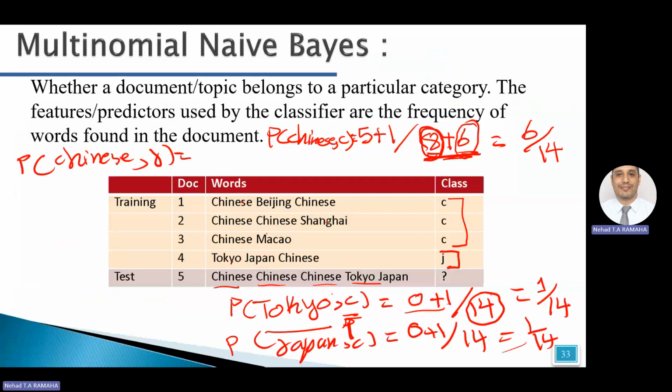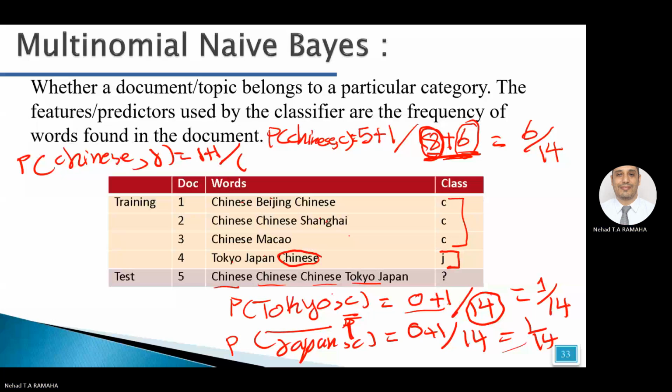How many times do we have Chinese here in category J? 2, plus 1, divided by how many words in the category? 1, 2, 3. Plus this one, which will be the same for all the categories. Why? Because it's the different words in the whole training set, so plus 6. So this one equals 3 divided by 9.